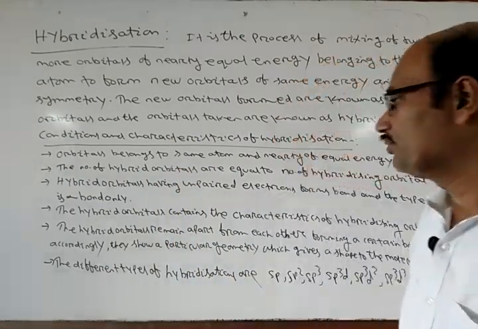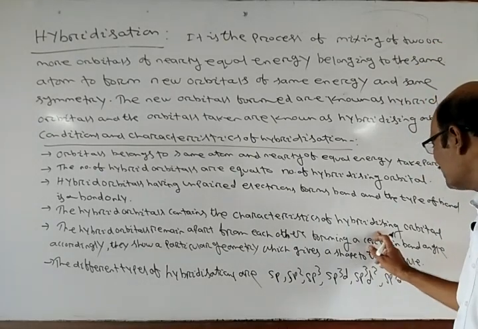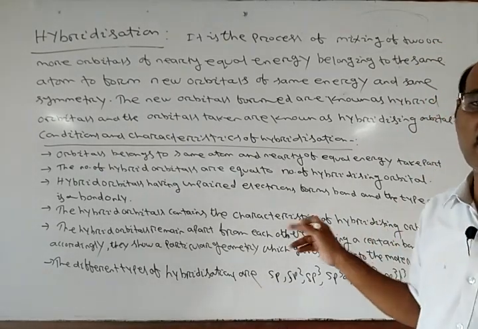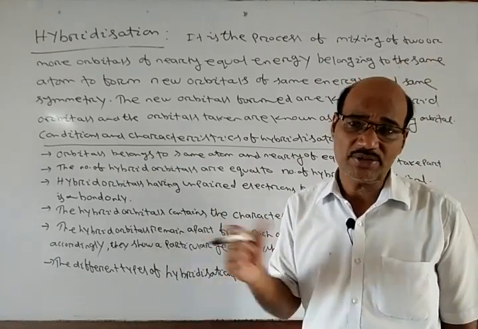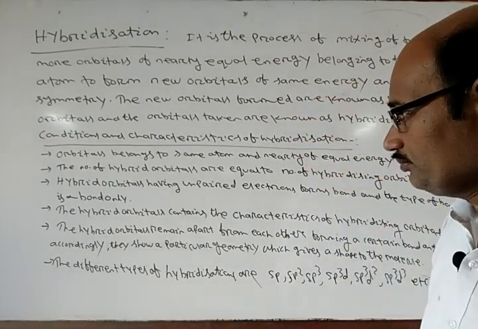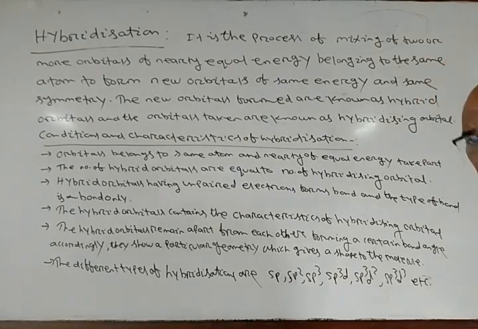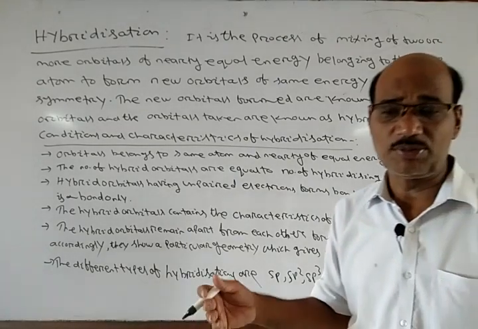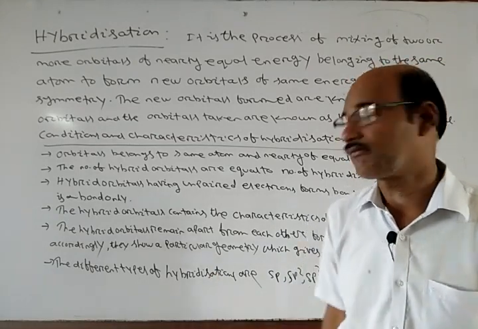Now the hybrid orbitals contain the characteristics of hybridizing orbitals. So if I have an sp orbital, then it contains the characteristics of the s orbital and also the p orbital. The hybrid orbitals remain apart from each other, forming a certain bond angle, and accordingly they show a particular geometry, and the molecule has a particular, definite shape.